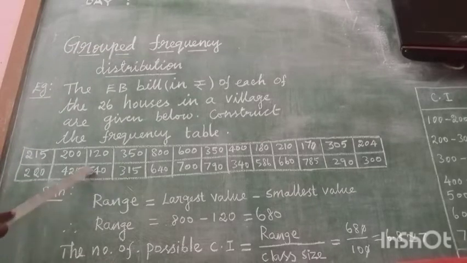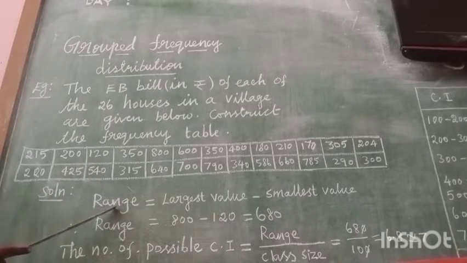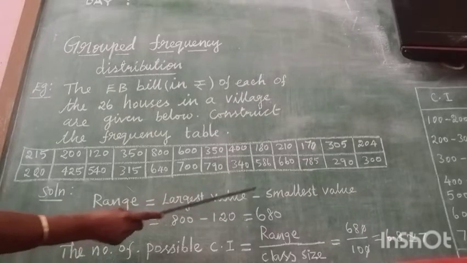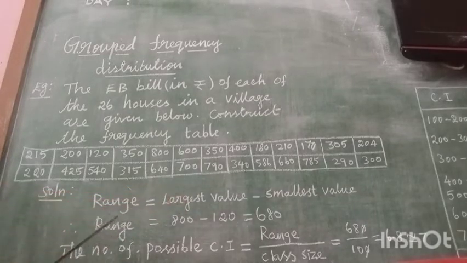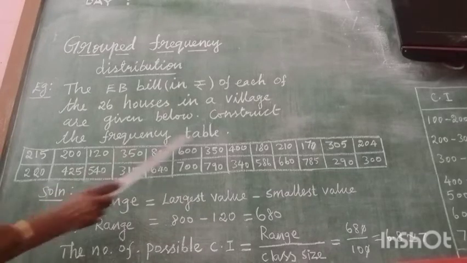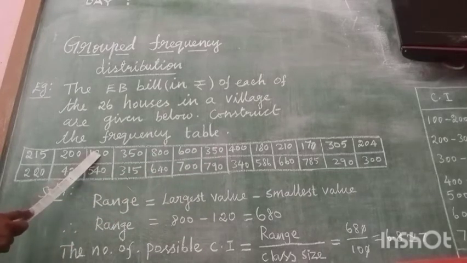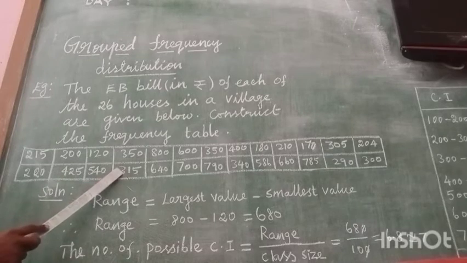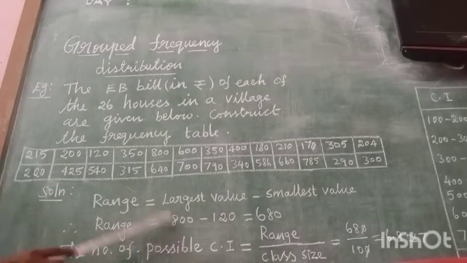First, what is the procedure? First you have to find the range. Range, you already learned in the previous class: range is equal to largest value minus smallest value. Among these 26 bill amounts, what is the greatest value? 800 is the greatest.